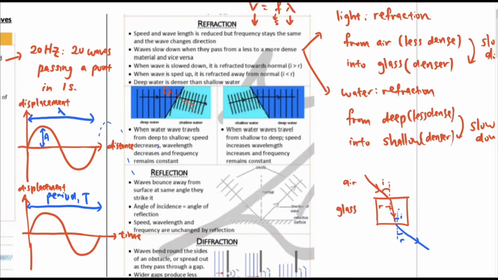Theory is like this: whichever angle comes first, that is the I. Whichever angle is formed afterward, that is the R. So theory says the angle formed first is I, the angle formed afterwards is R. Now for this situation, this formed first, this is I. This one formed later, this is R.